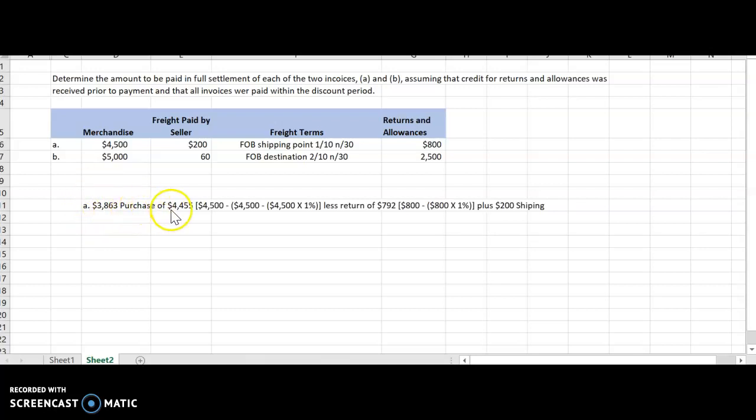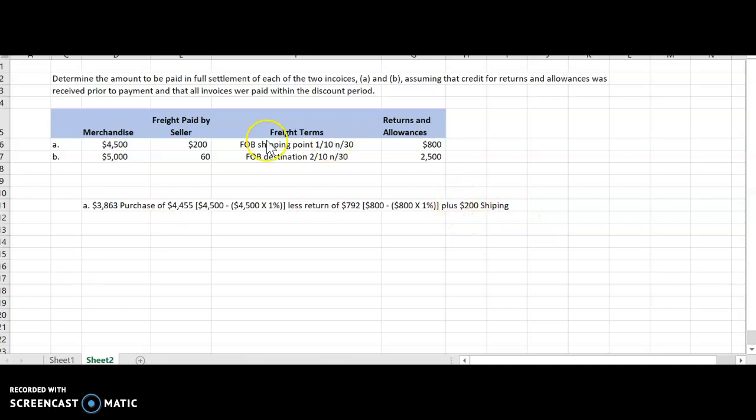So you've got a purchase of $44.55. The $4,500 minus the $4,500 times the 1%. So the original price of the inventory minus the 1% discount. And then less the return, which is your 800 minus your 800 times 1%. And then you add back the shipping.